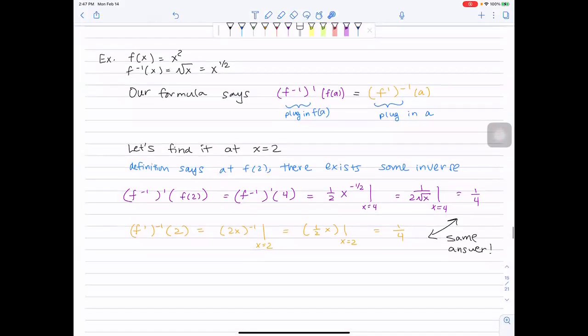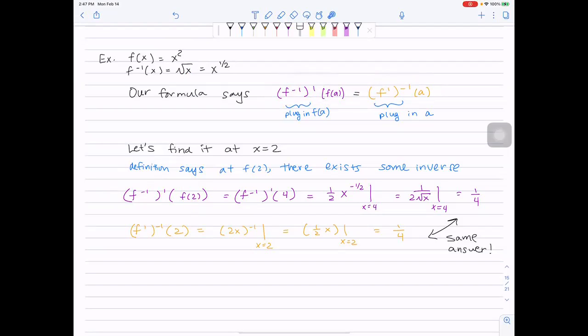Okay, so if we assume that our function f is x squared, then our inverse is the square root of x. If we follow the formula like this, and we're specifically doing it at the point x equals 2, then following the purple, the left-hand side, we just plug in. So f inverse of the derivative of f of 2.